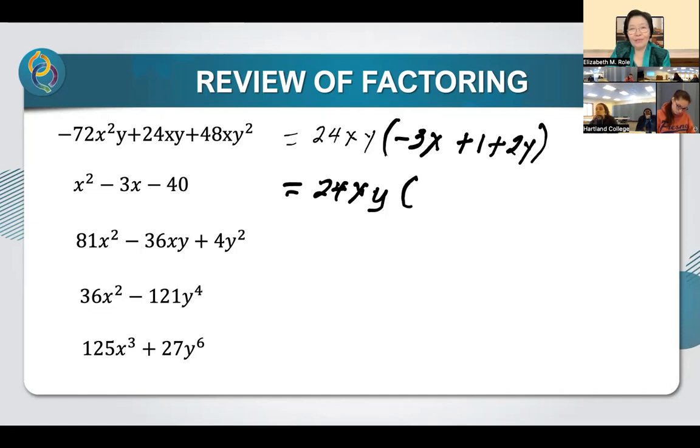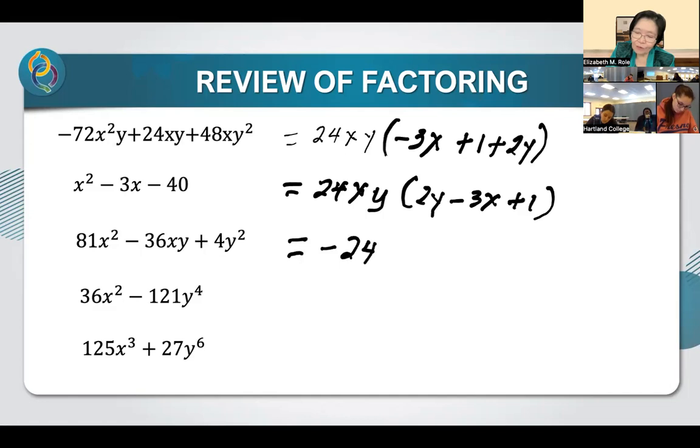But if you want to begin with a positive sign, and then you want to put the constant at the end, then you can just say 2y minus 3x plus 1. Okay, anyway, they are commutative. Otherwise, if you want a minus outside, that will also be okay. You can have minus 24xy, and then you now have 3x minus 1 minus 2y. They are just the same.